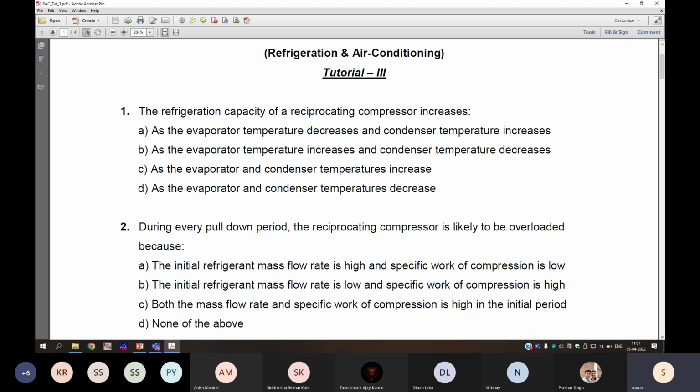So which one do you think? You have a refrigeration system using a reciprocating compressor. Which combination will lead to an increase in refrigeration capacity?